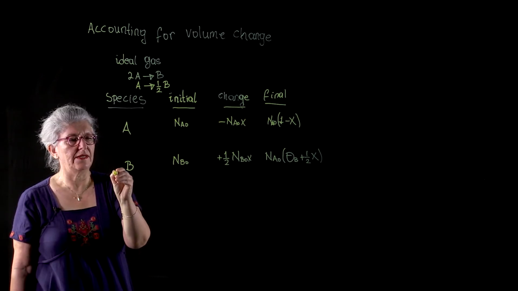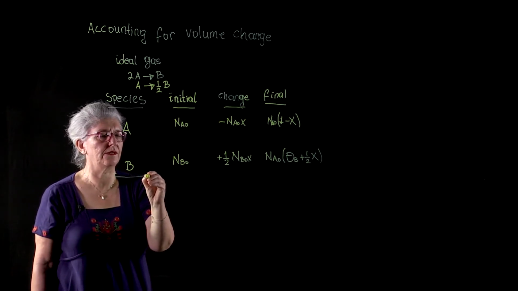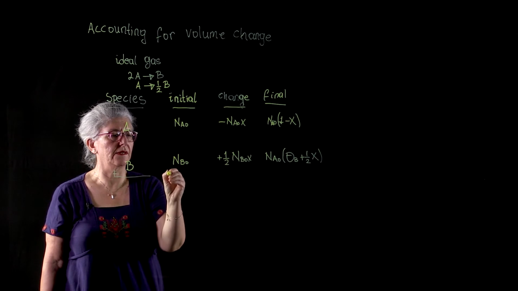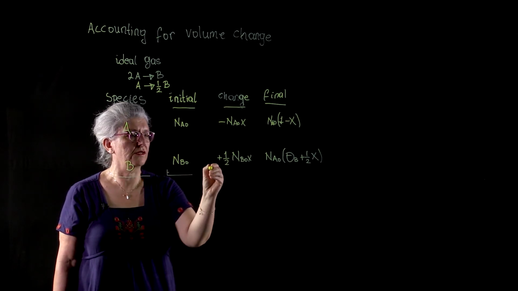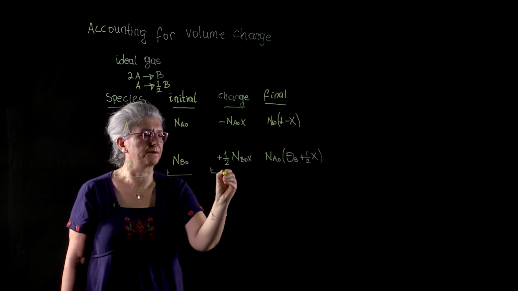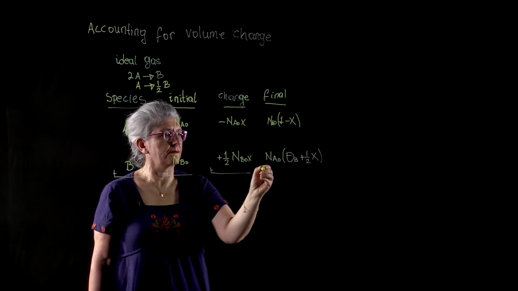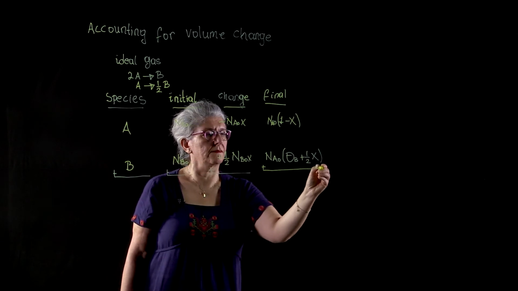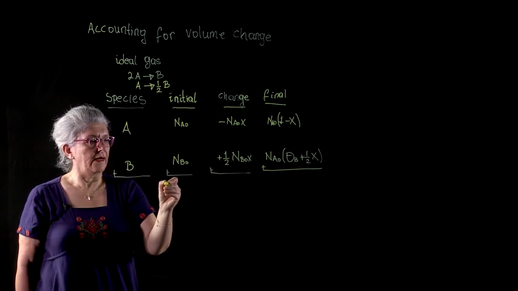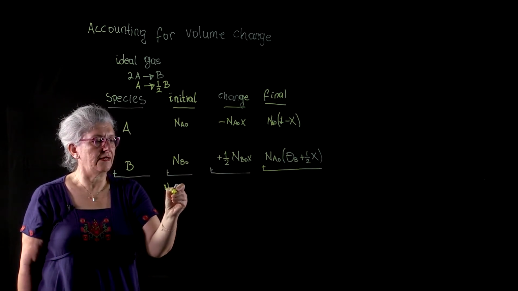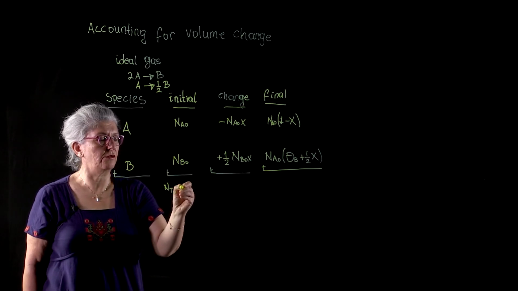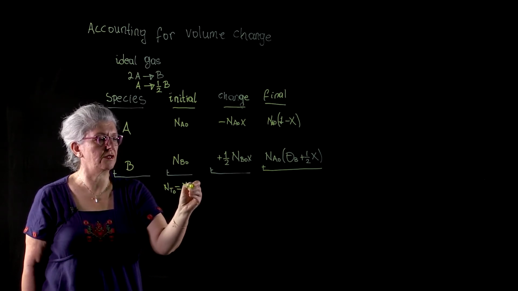Now let us see what we have started with and what we are going to end up with. Initially we had N total 0 equal to N_A0 plus N_B0.